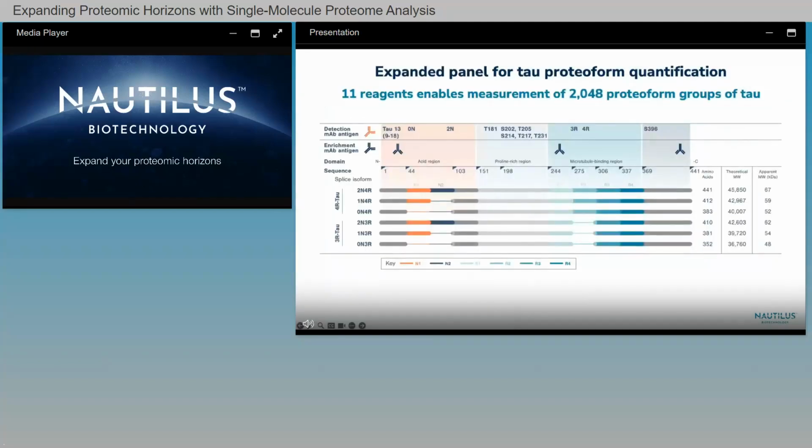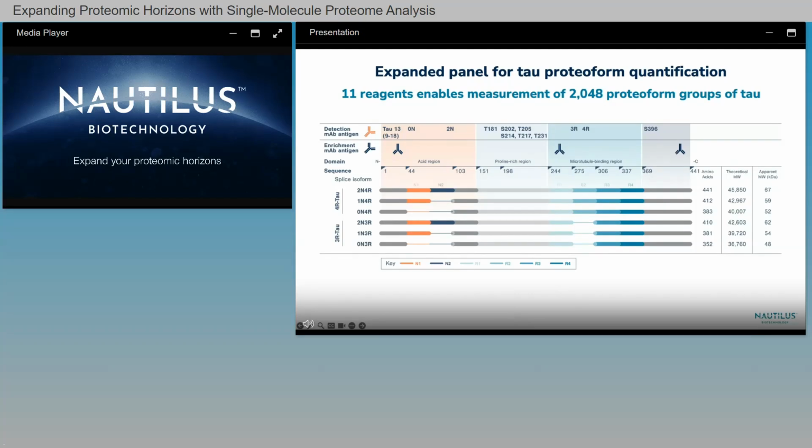Ultimately, what we've expanded the panel to be so far is 11 different reagents, which enables the measurement of 2,048 proteoform groups of tau. And these span both a range of different isoform reagents, as well as a series of multiple different phosphorylation sites. Now, this really is the first data that we're presenting with precise proteoform level information.